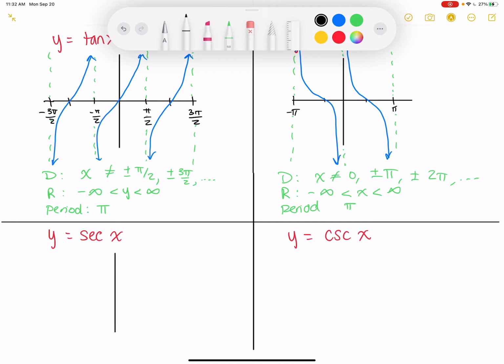All right, so this one I'm going to go to 3 pi over 2. And these again need the 1 and the negative 1. I'm going to move them down a little bit just for the sake of seeing what's happening. All right, so there are asymptotes on this one at the pi over 2's.